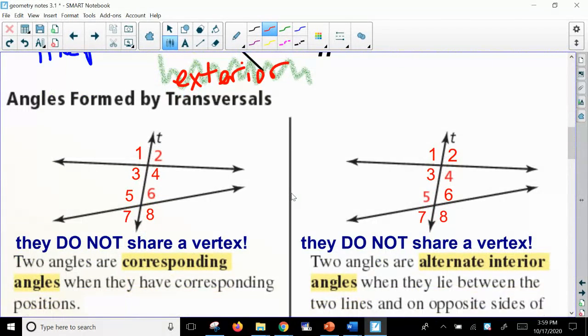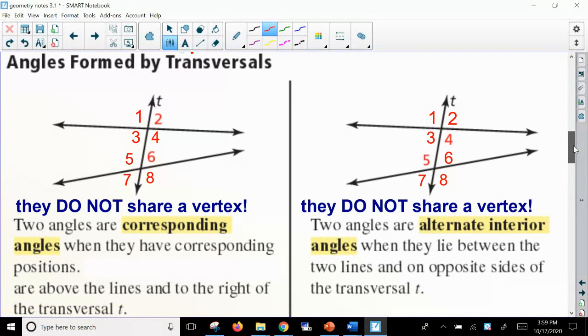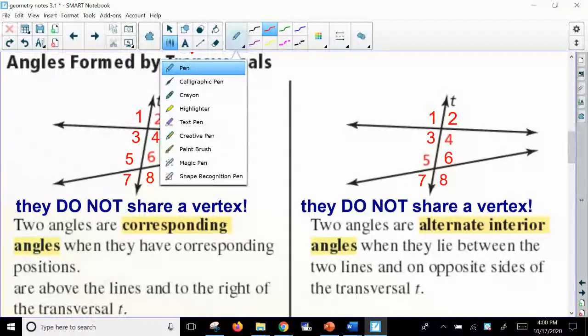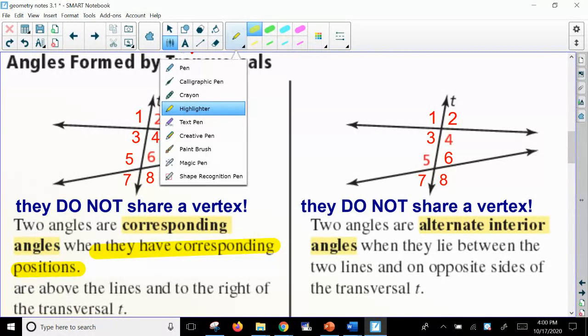So when we talk about angles formed by transversals, it's very important for you to know these angles when you see them because we're going to be doing a lot with these angles. So here I have a diagram of two lines intersected by a transversal. Line T is a transversal. We got 8 angles in the picture. Corresponding angles. Your book says when they have corresponding positions, then they are corresponding angles. What do you mean, Miss Speight?